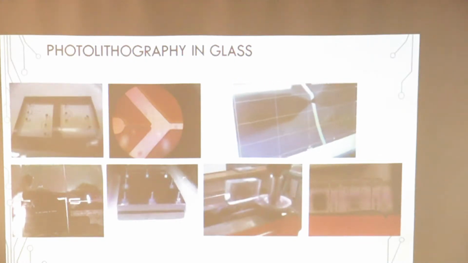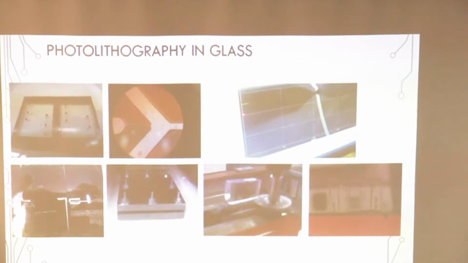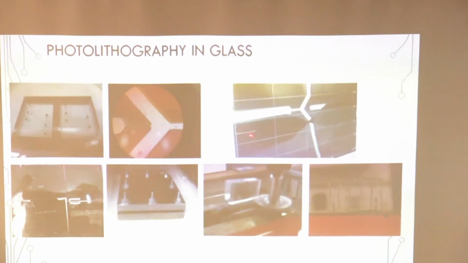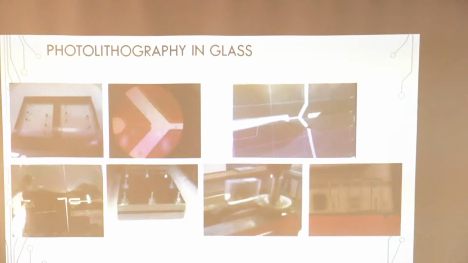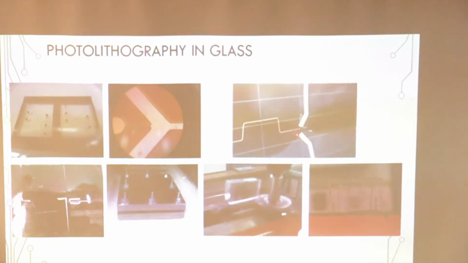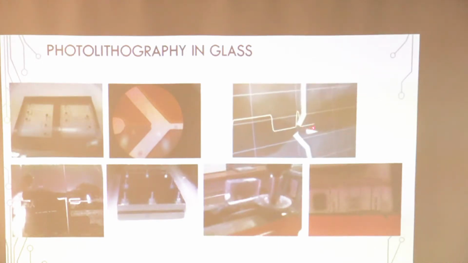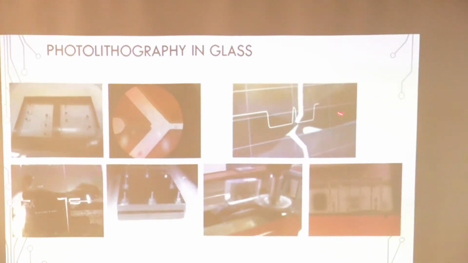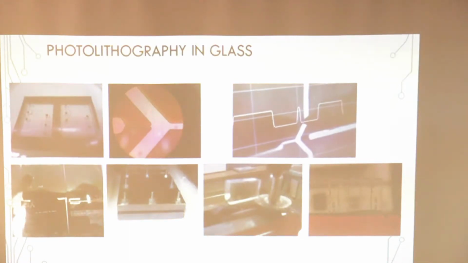We can see here in real time how the tip of the profilometer is actually drawing the channel that we are seeing here in the picture. So here is the central channel, and the other two are the other channels for the liquid.